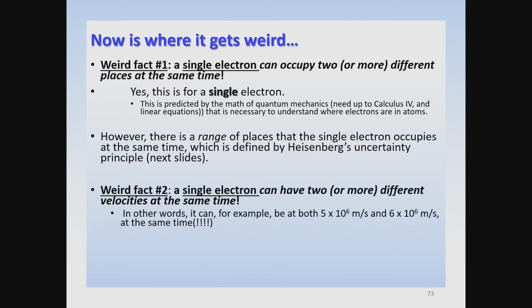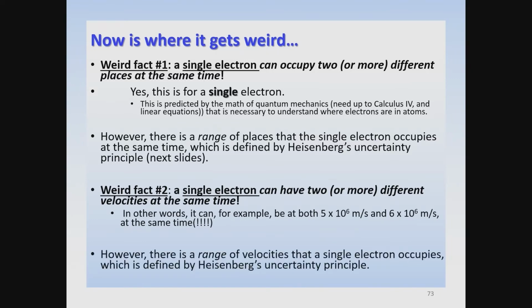And so it can occupy these two different speeds or states at the same time, which sounds, I know, pretty unbelievable. But what the Heisenberg uncertainty principle will show you is that even though the electron can occupy different speeds at the same time, there's really a range of speeds that can be predicted to be occupied by the electron when it's in the atom.